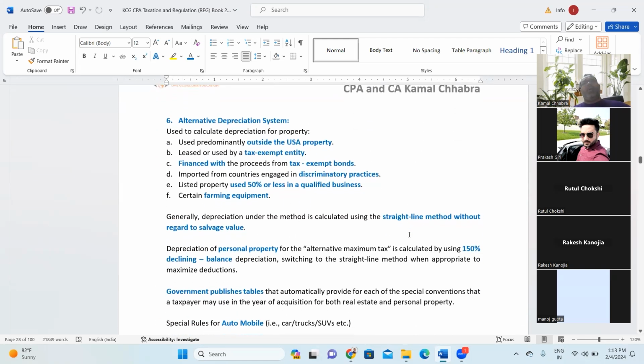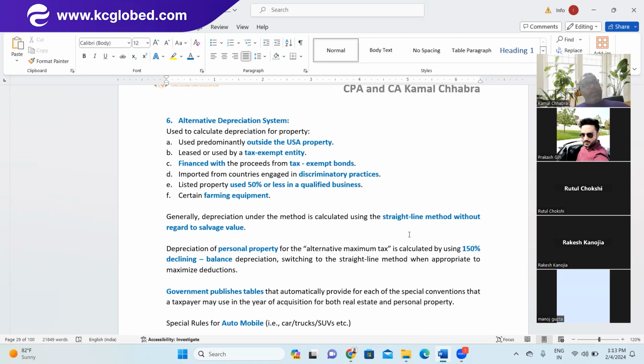So far, we have covered the modified accelerated cost recovery system, which is MACRS. Now we are coming to the second leg of depreciation, which is the alternative depreciation system. It is similar to the straight line method of depreciation. The alternative depreciation system is used to calculate the depreciation of property used predominantly outside the United States of America.